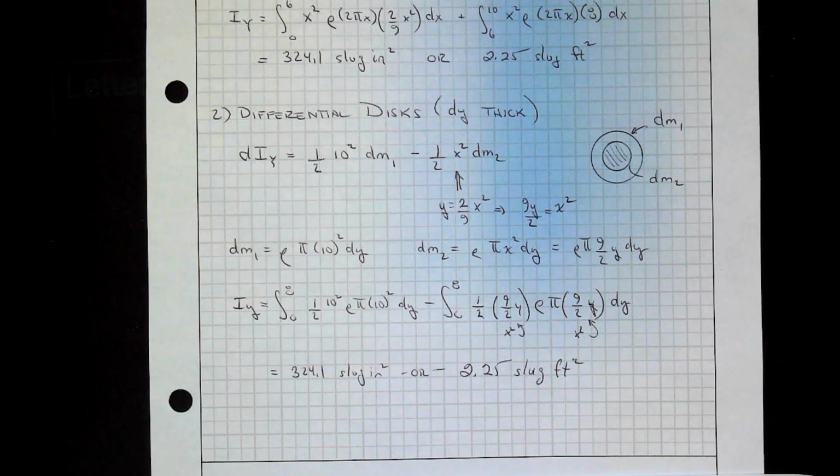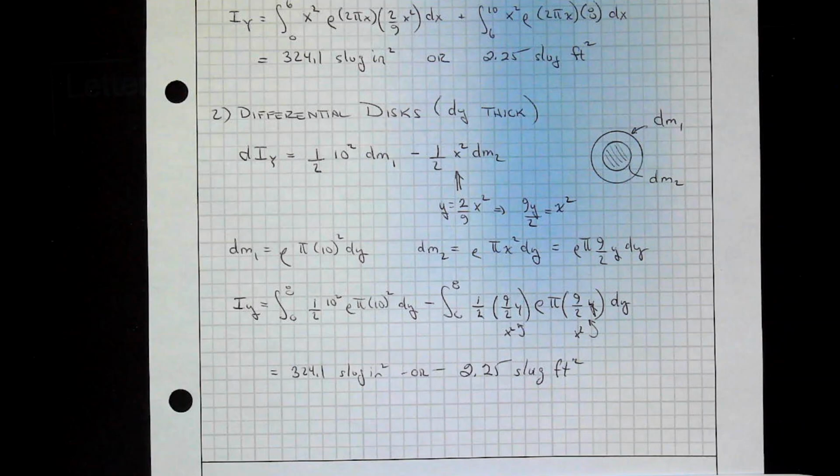That is what goes in here. Now we have dm2. Same idea, rho pi x squared, because remember before we had r being x, and dy thickness. So once again, we just take this x squared and we replace it with this term right here. So now we have pi rho 9 over 2 y dy, and we just stick that all up into there. So if we do that, let's just take this up and we'll get to the math. And that's what we have right here.